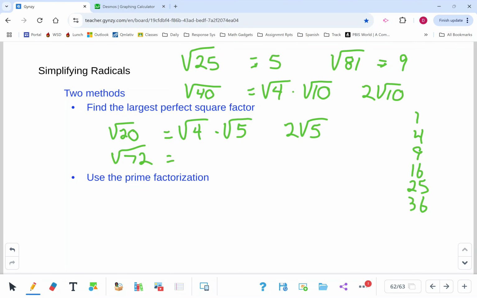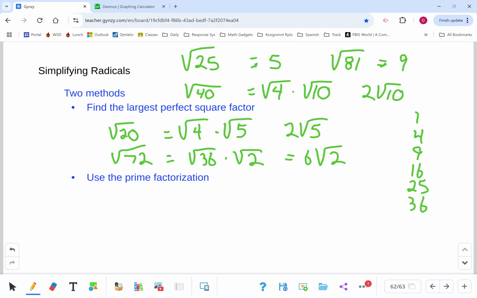It goes in twice. So we're looking for the largest perfect square factor. So we're going to say square root 36, and then what's left over? Square root 2. Okay, and now square root 36 is 6, and so you get 6 square root 2. Okay, so that works.